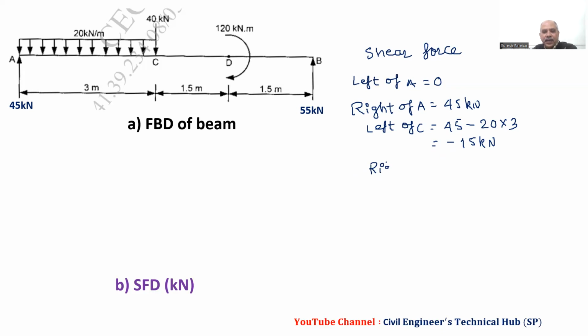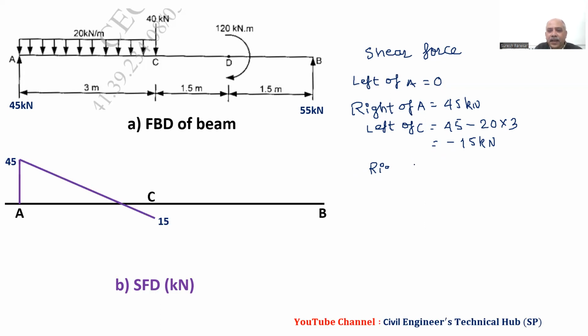So we will plot simultaneously actually. We have 45, then minus 15. Then we have right of C: minus 15 minus 40, so it will be minus 55 kilonewtons.